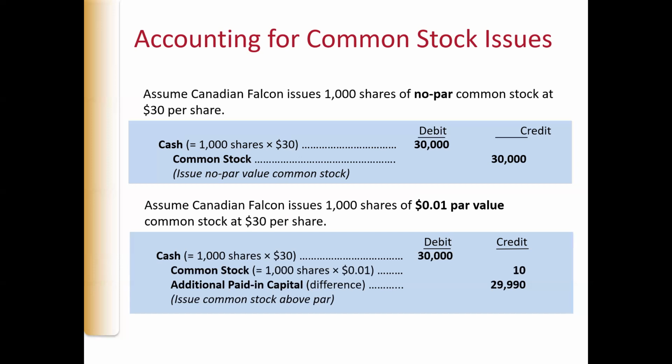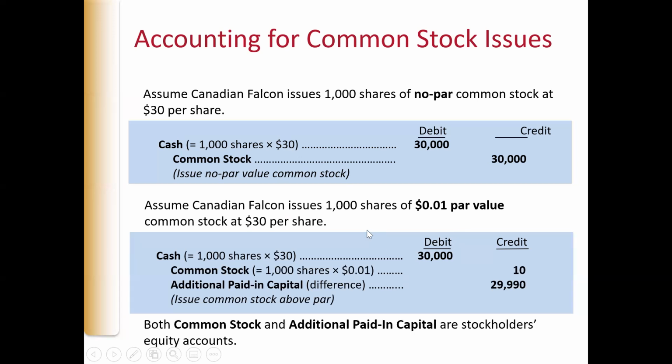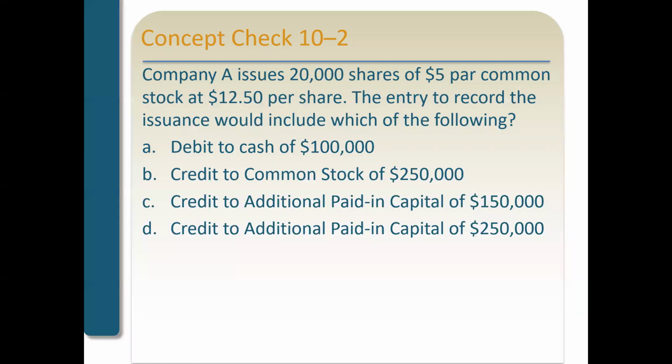Then the rest, the entire extra, is credited to additional paid-in capital of $29,990. Does that make sense? Do you understand how you can see the difference there? Again, common stock and additional paid-in capital are absolutely stockholders' equity accounts, but we separate out the par value.